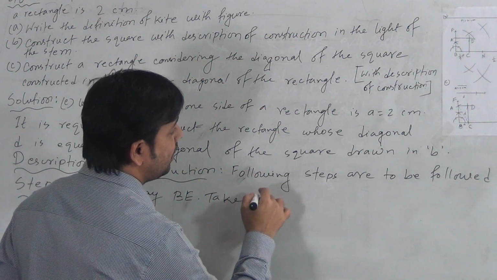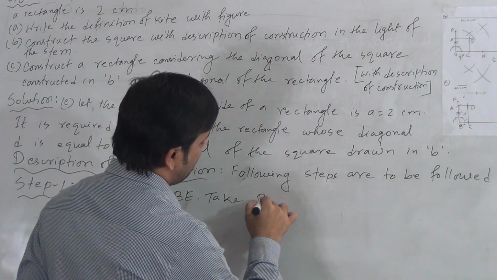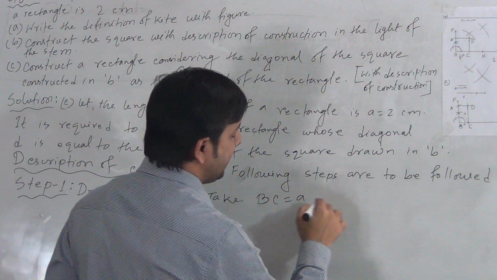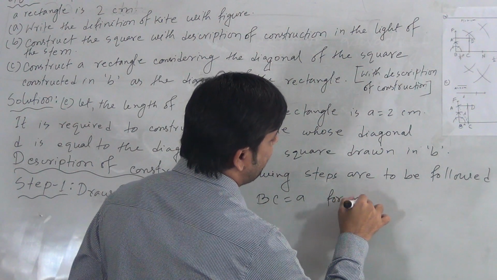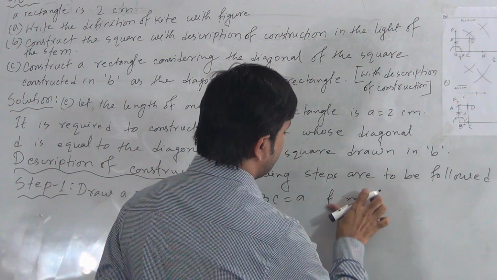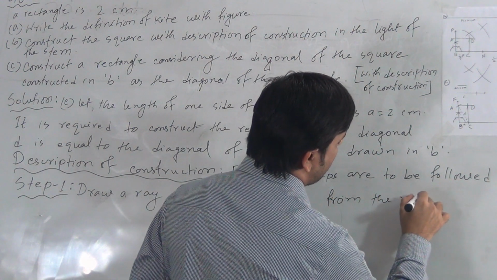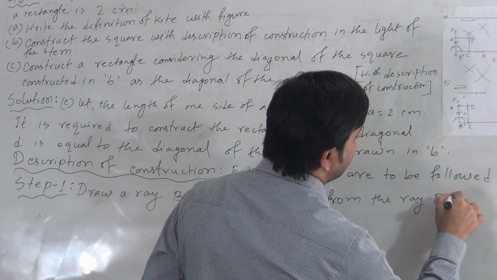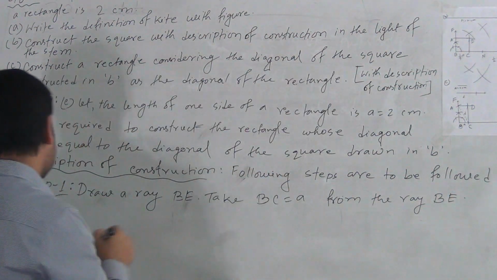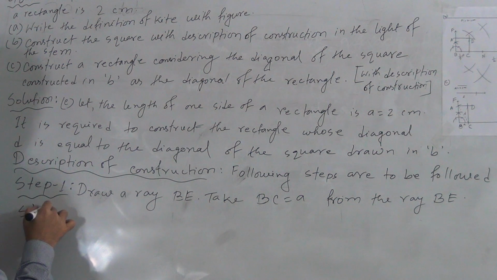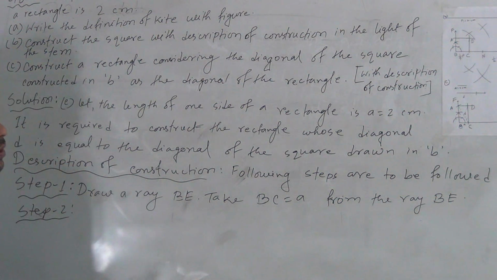Take BC equal to A from the ray BE. Now step 2.